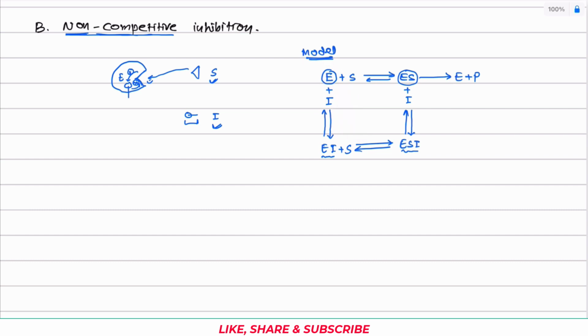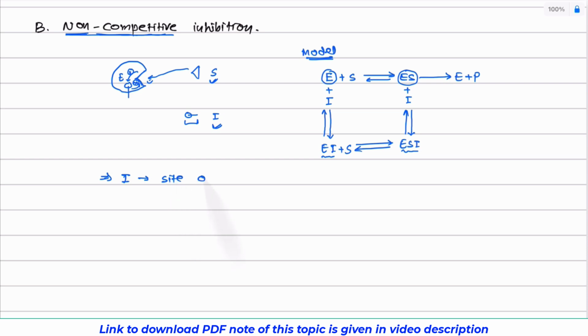Now based on this model, we can write down certain important aspects of non-competitive inhibition, right? The first thing is that the inhibitor is binding at a site other than the active site.